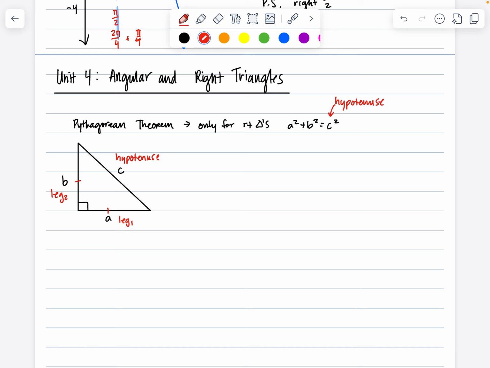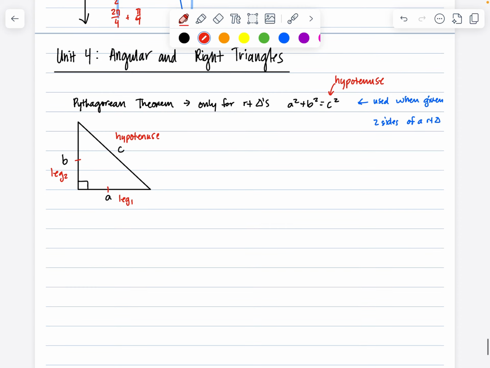So quick recall, you could use this whenever you have two sides of a right triangle, okay? So that is when you would use this. So used when given two sides of a right triangle.